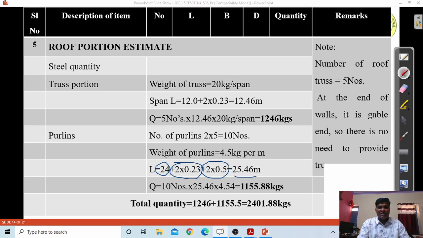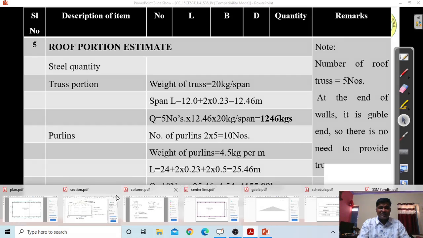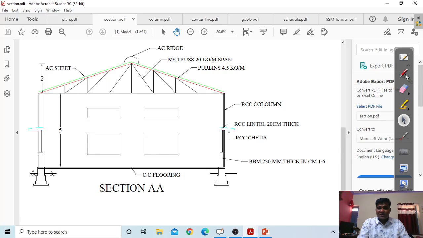So it will come to 25.46 meters, the total length of the purlins. So here, here, here, here, here, the purlins will be provided.